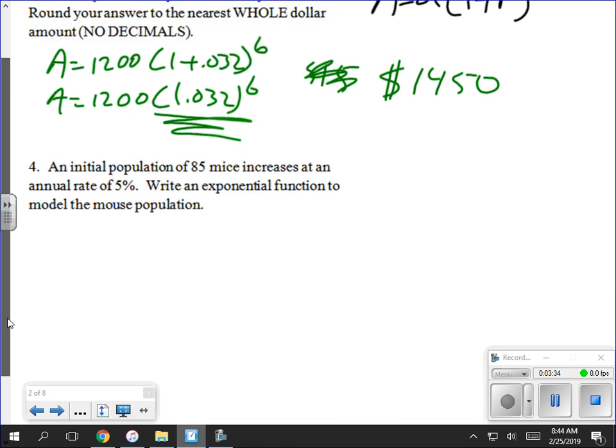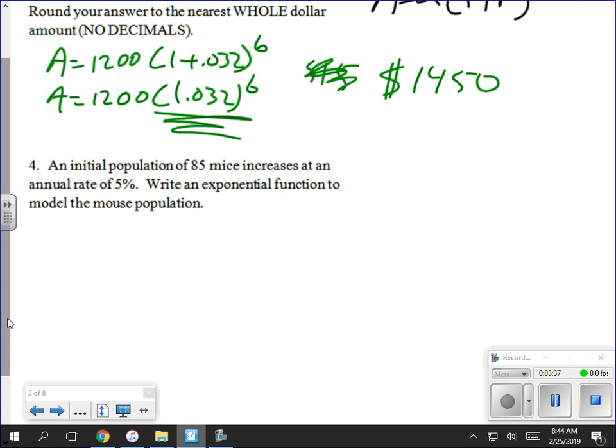Next one does the same thing. Same idea. This is the amount I start with. That's my rate. It says write an exponential model to solve it. So how much do I have if I start with 85 mice and it's growing at a rate of 5%?